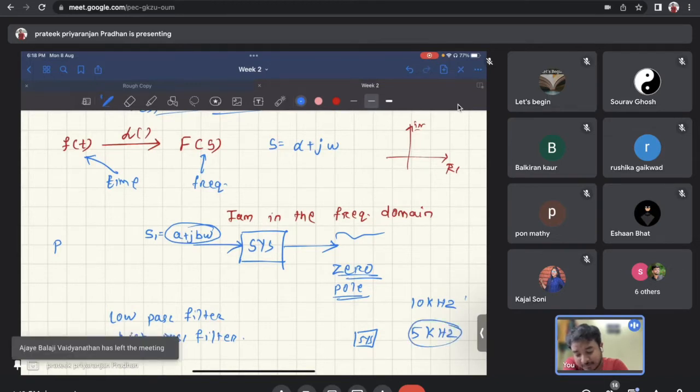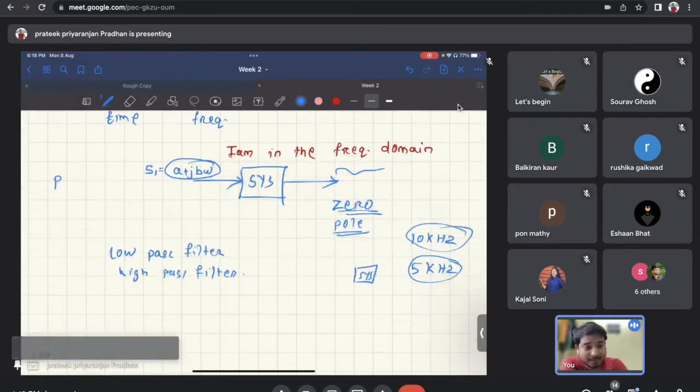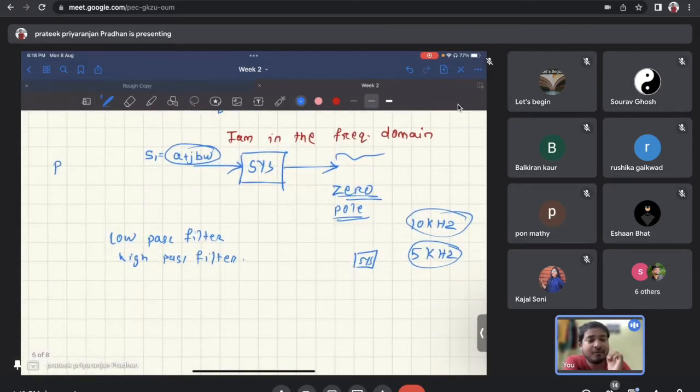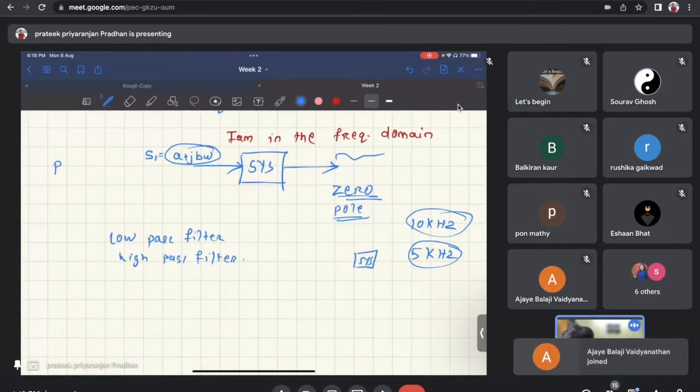It's in the frequency domain, a normal filter. You can try using different methods. Your basic plan: I want to amplify here and I want to attenuate here.